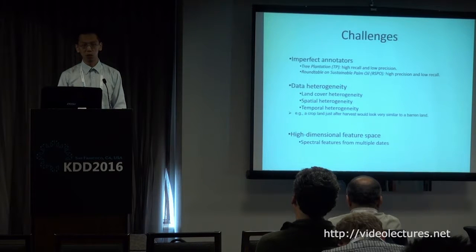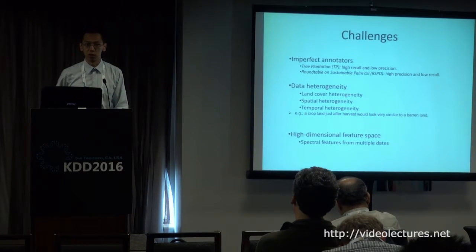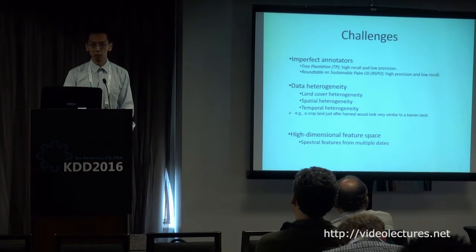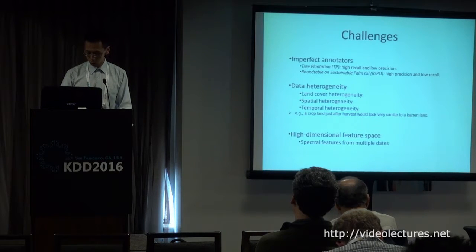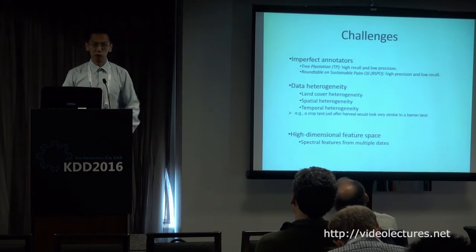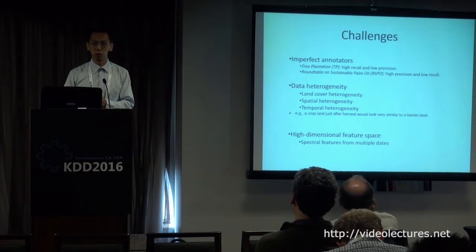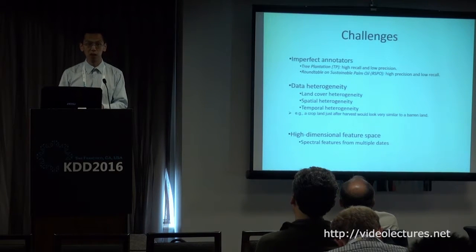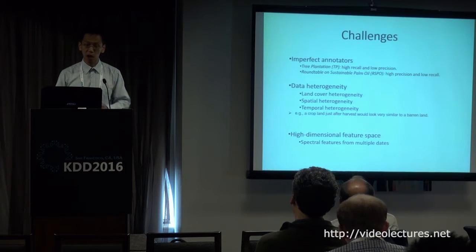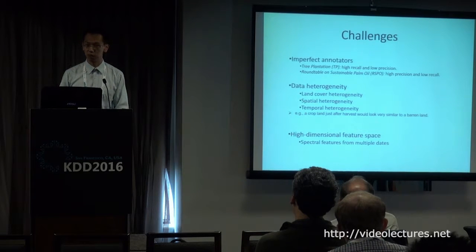We need to distinguish plantations from all the other land covers like forests, grassland, and urban areas, and the same land cover type can look different in different places and in different years. Third, in MODIS data we are provided with spectral features from multiple days of a year, and when we combine these multiple days, we have a very high dimensional and complex feature space that we need to handle.